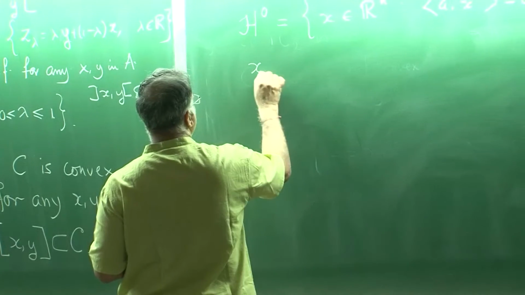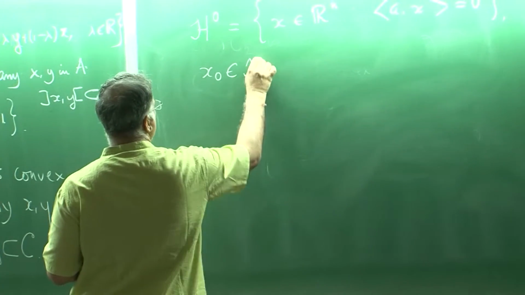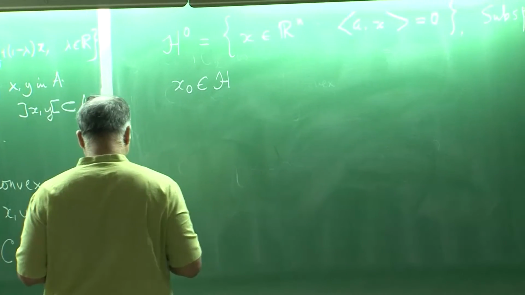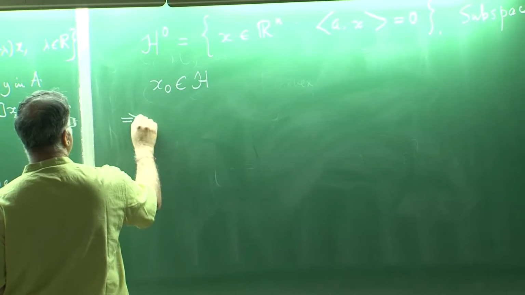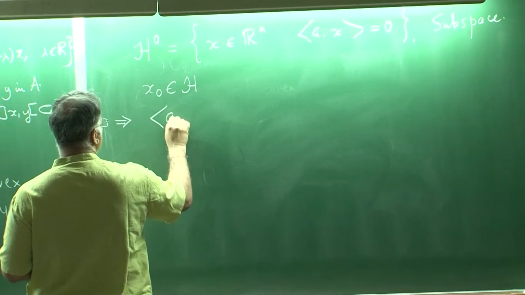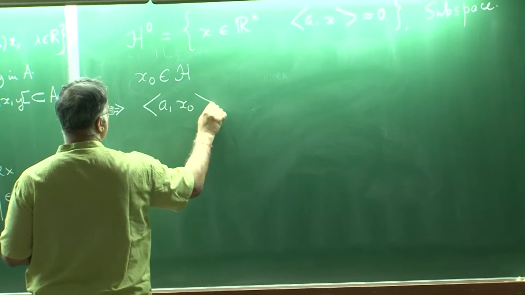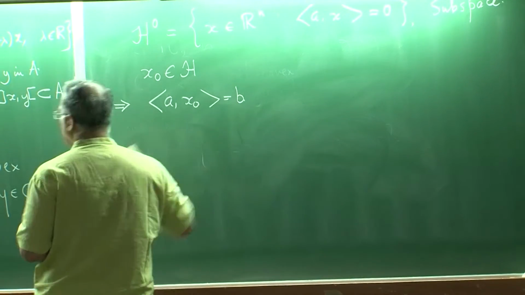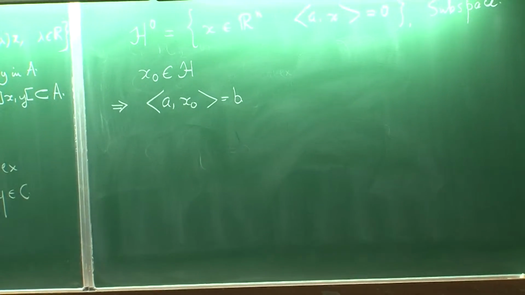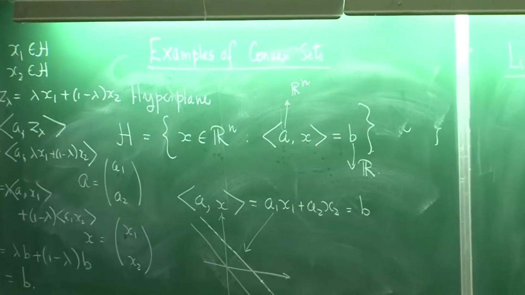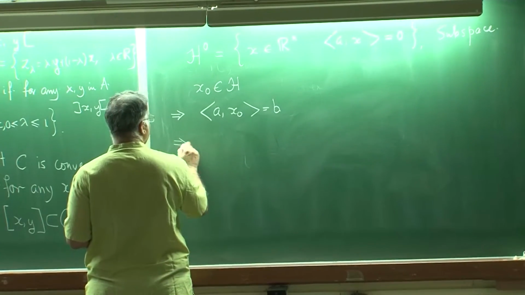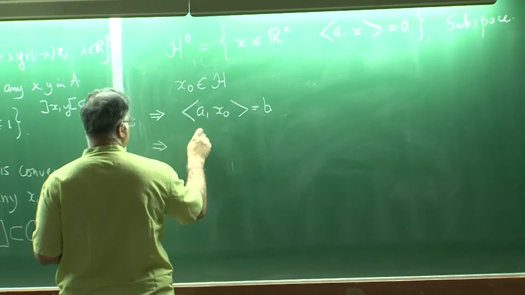So, take any x naught, an element of H. This would imply A of x naught is equal to B. X naught an element of H means this. So, A of x naught must be equal to B, which means I can replace B by this number.